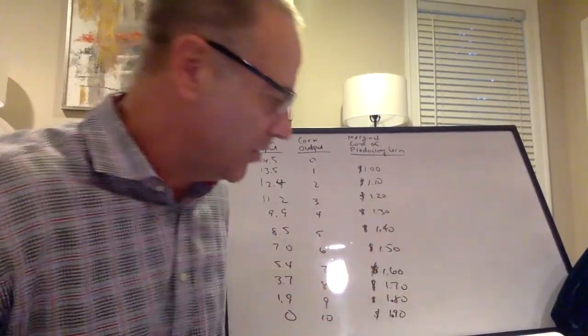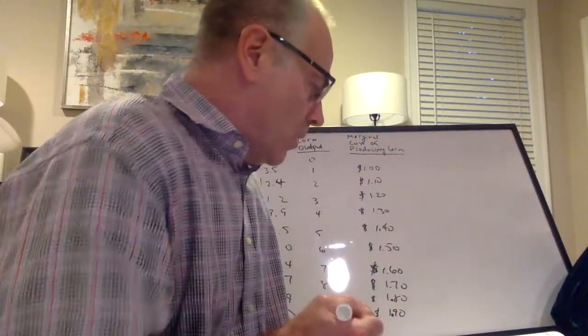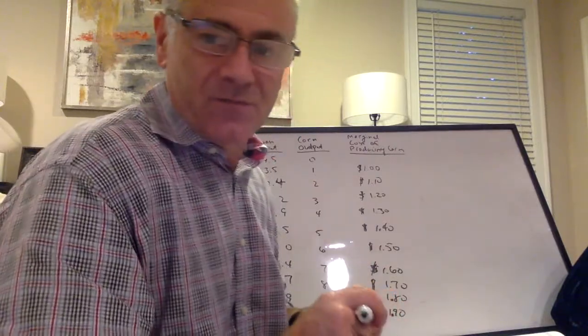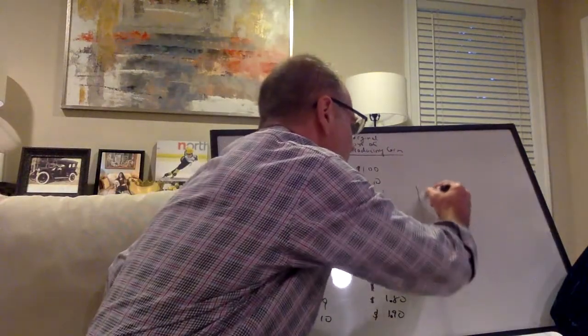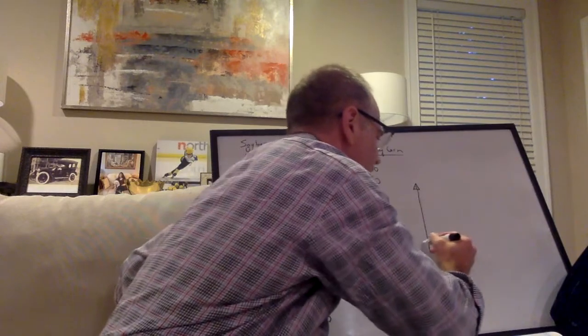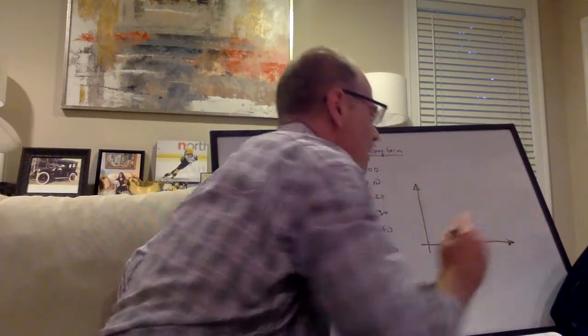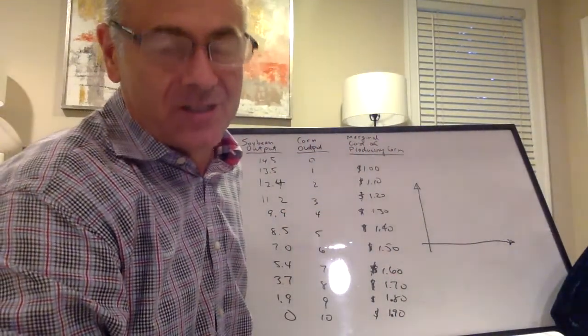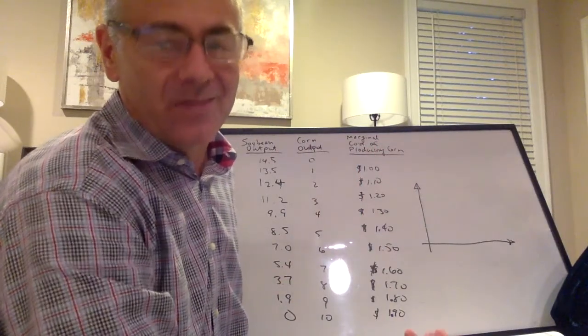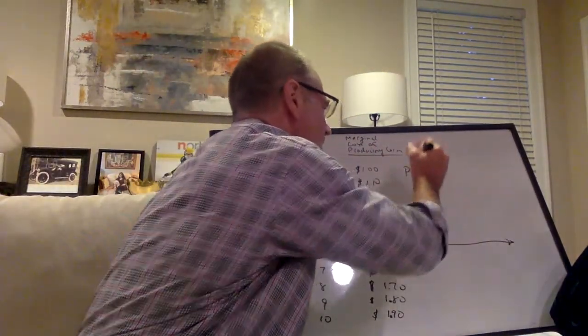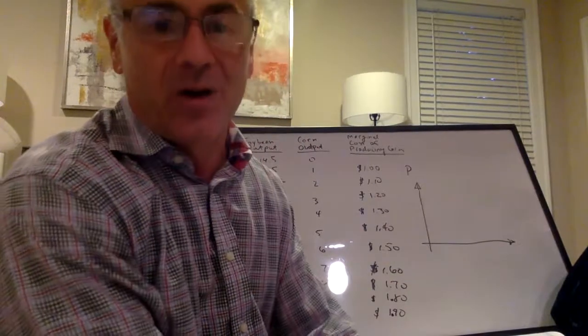Here's how we build this. With supply and demand graphs, we always put P, price, on the vertical axis. You've got to memorize that.